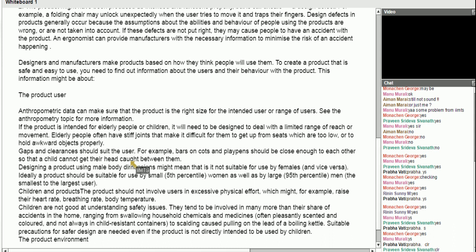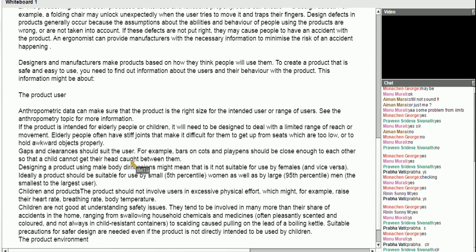So at the time of designing, the companies also take care of the age groups for which they are designing the product. Suppose they are designing the product for old people or young children, then they keep the parameters which are important for users of such age.